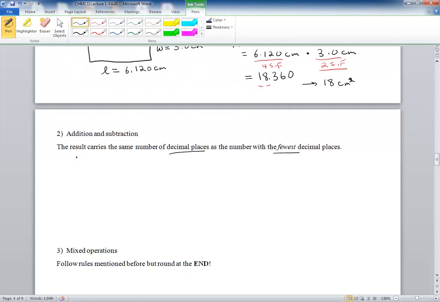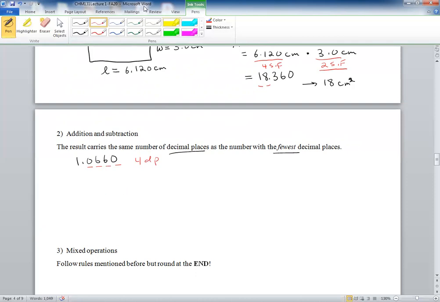If I have a number such as 1.0660, a decimal place is all the numbers that follow the decimal point. So this is my first decimal place, second, third, and fourth. So in this case, I have 4 decimal places.